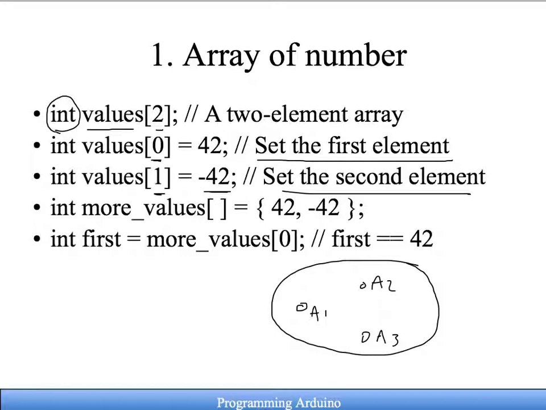So actually, if you put only 2 without equal to some value, it means the amount of numbers in that array. But if you put equal like this, it means that the first element equals 42. Normally the array will start from 0 first.